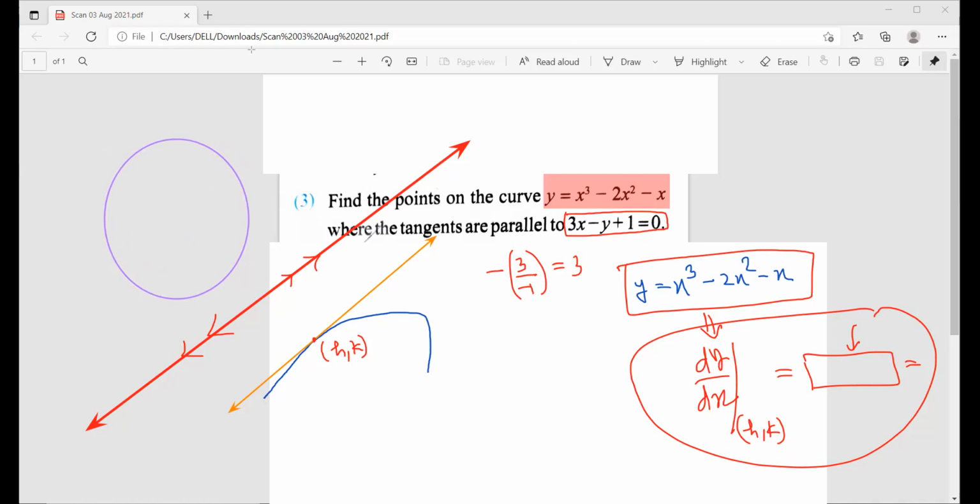If I ask you, draw tangents to the circle parallel to the red line, students, automatically there will be two such tangents, not one. You will have two such tangents which are parallel to the red line. You understand? One here and one here.